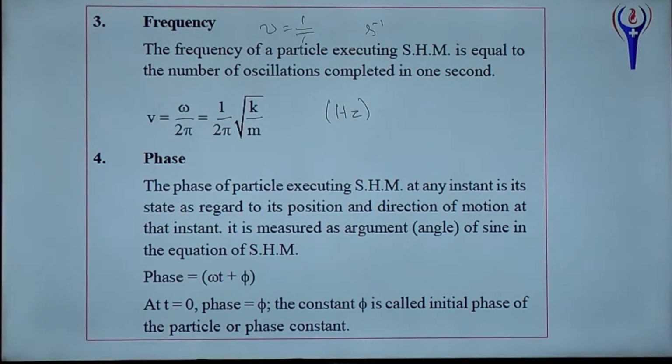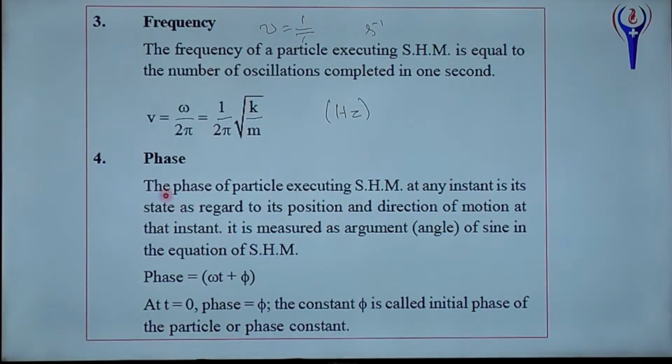Next term, phase. Phase of a particle executing simple harmonic motion at any instant is as regards its position and direction of motion at that instant. So phase represents the position of a particle and also the direction of motion of the particle at the instant.